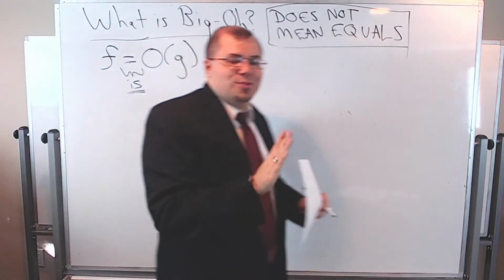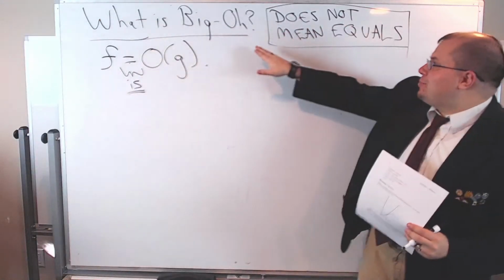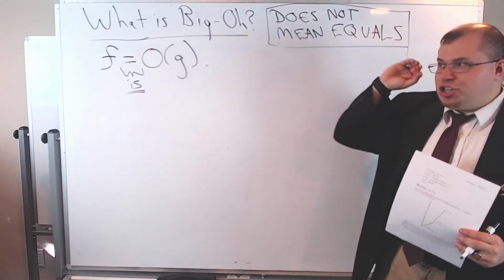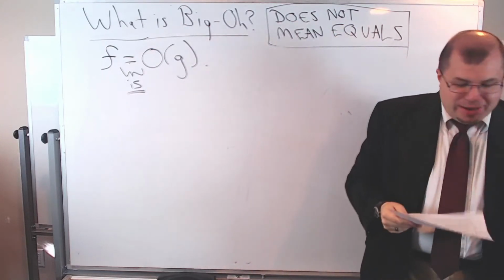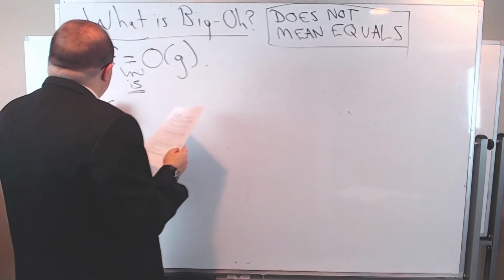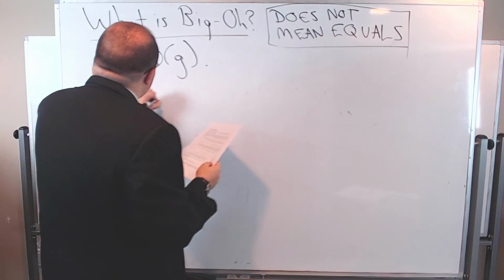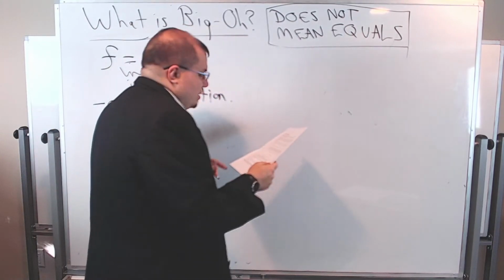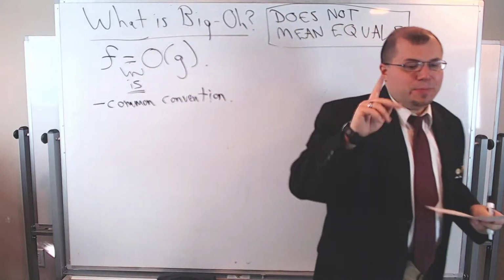It is not an equal sign. It is a convention being used here to represent "is". Now, I'm going to show you why this is very convenient. So this is a common convention that people use when talking about big O.